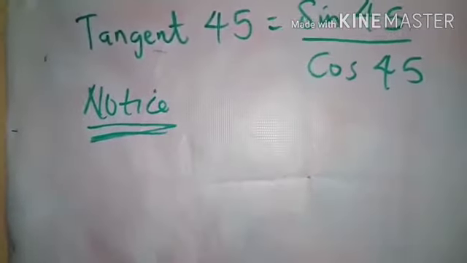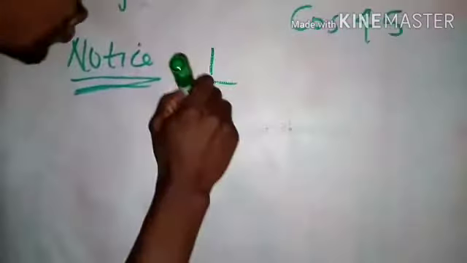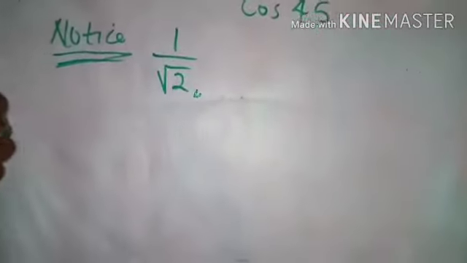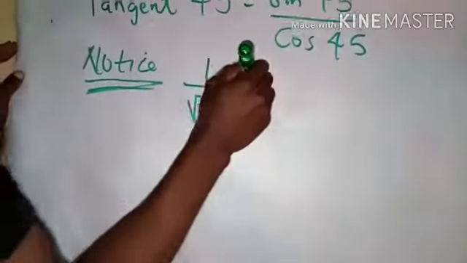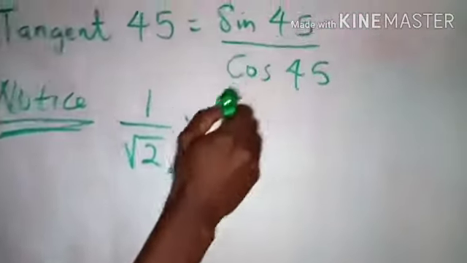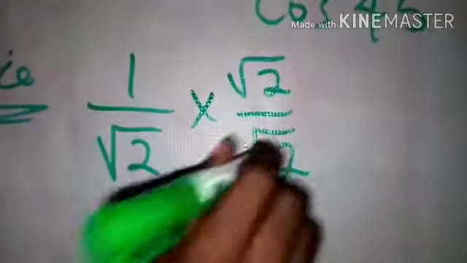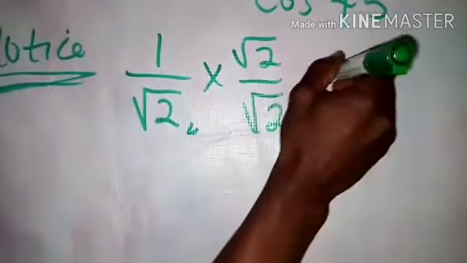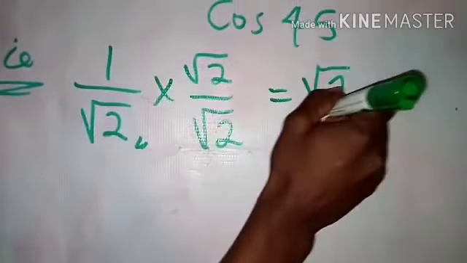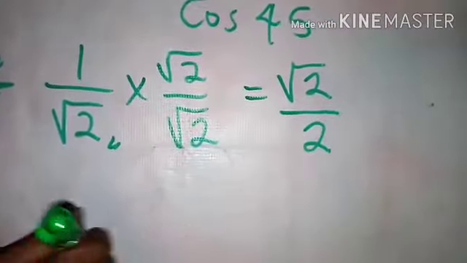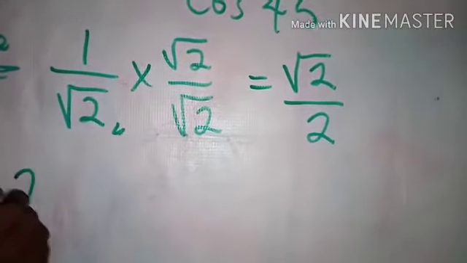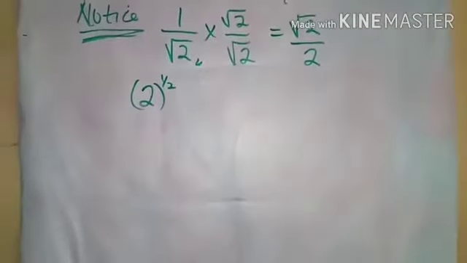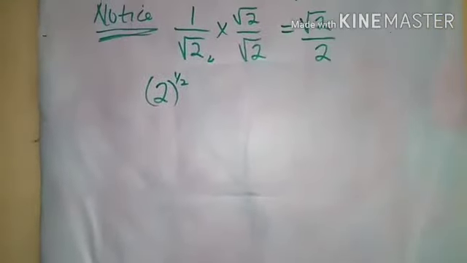In maths, we don't allow a root in this form. What do we do instead? We multiply both sides with root 2 so that this can come up. So if you want to multiply this, you're going to have root 2 over 2, because 2 raised to the power half is the same as root 2.